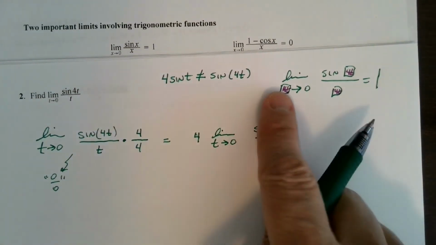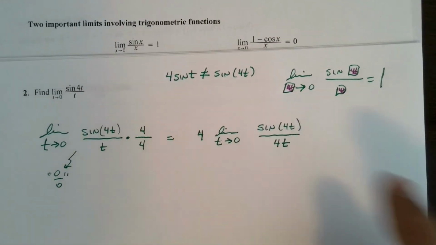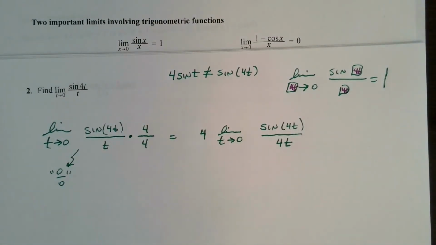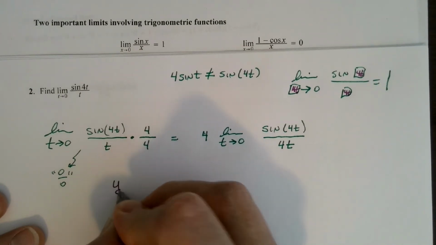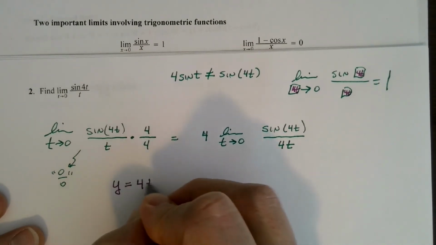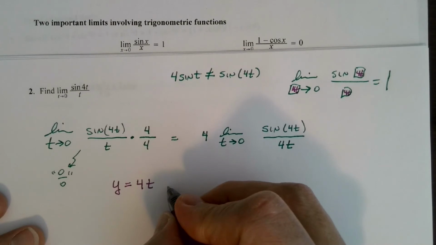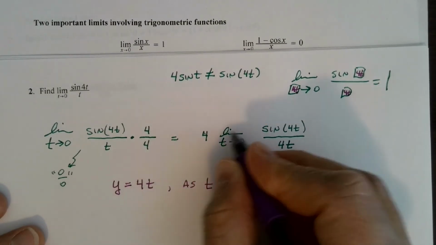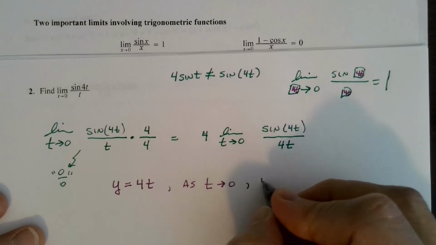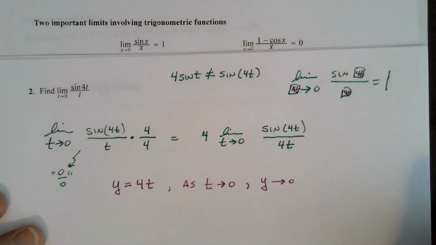The only thing left is to make that t into a 4t. How in the world do I do that? What I'm going to do is a slight variable change. I'm going to let y be equal to 4t. I want you to note that as t goes to 0, as it is in this limit, then y also goes to 0.